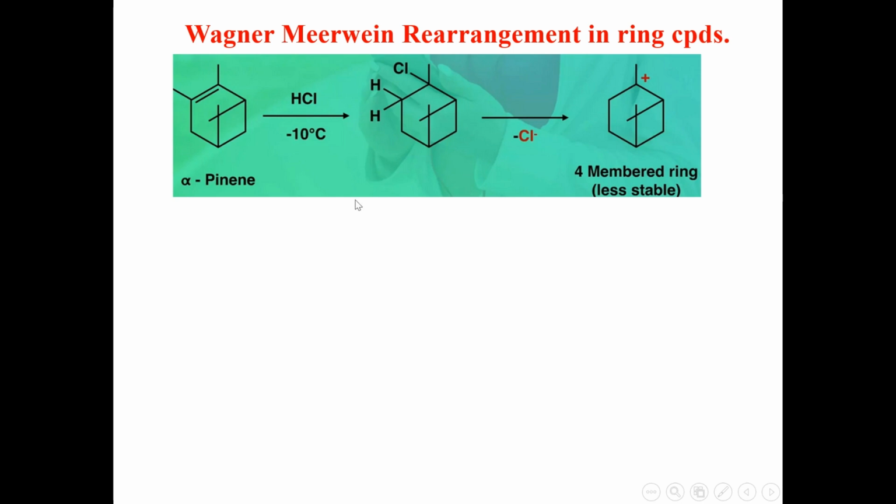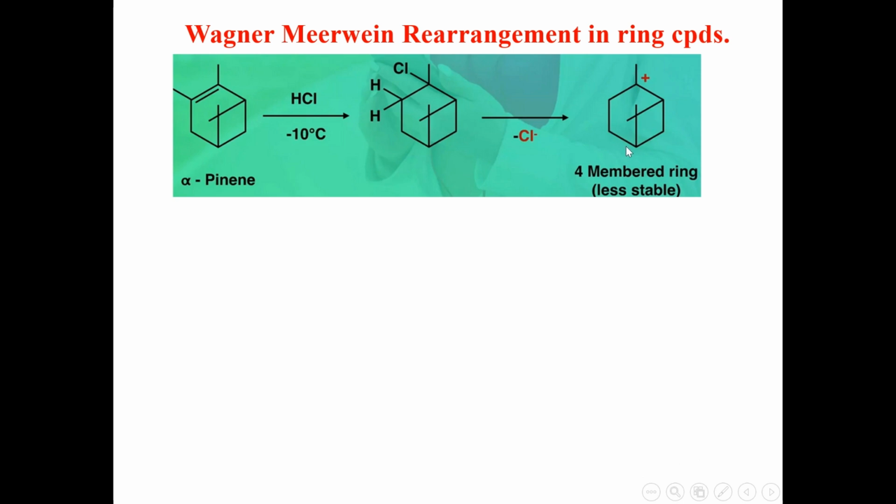I'll get a halide. This can undergo Meerwein rearrangement. This can dissociate, lose the chloride ion and give rise to a tertiary carbocation over here.